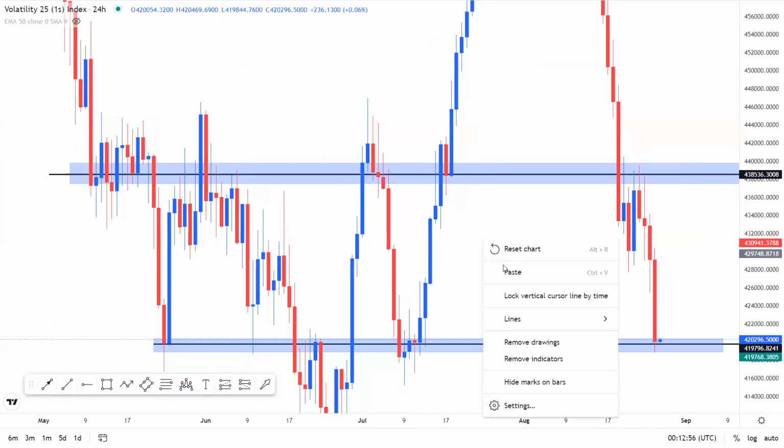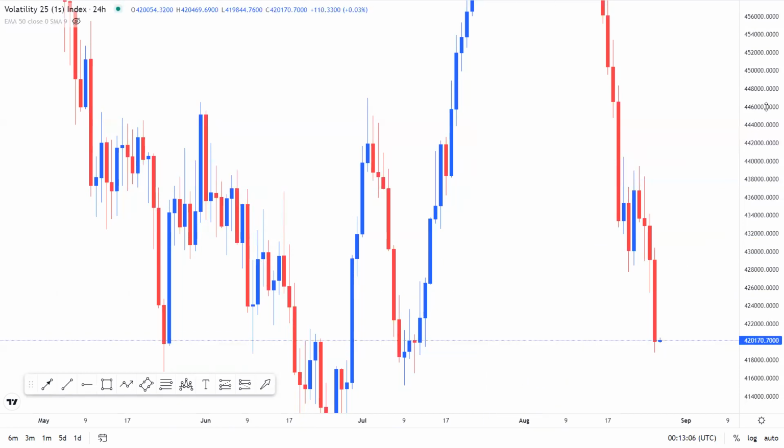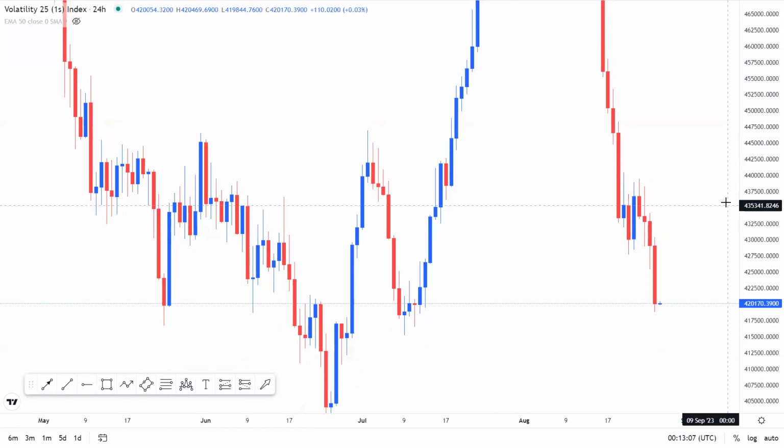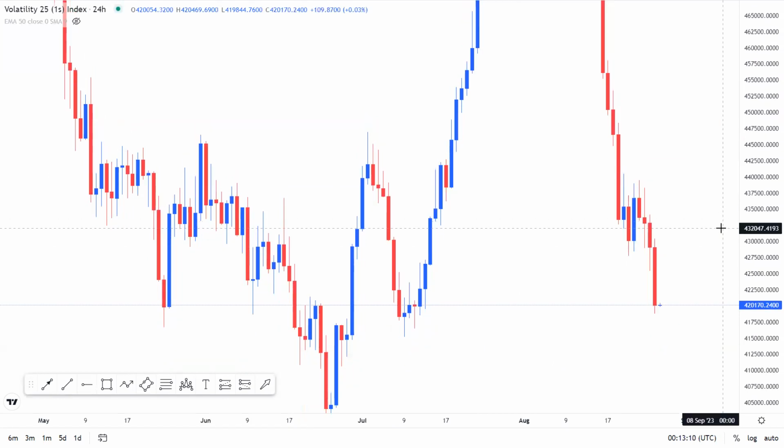And very quickly, we'll look at the daily time frame. Firstly, we were reacting off a key level.